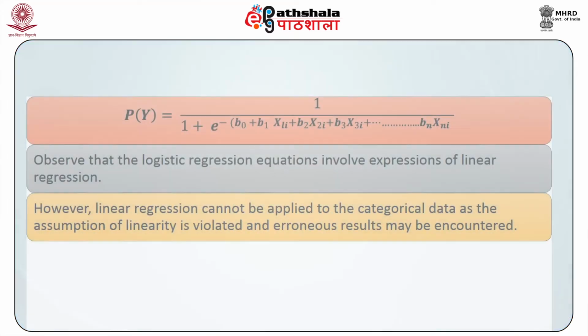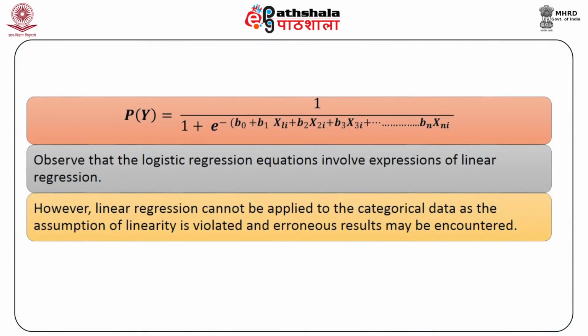The resulting equation would be P(y) is equal to 1 upon 1 plus e to the power of b0 plus b1x1i plus b2x2i plus b3x3i till the nth term. Observe that the logistic regression equation involves expressions of linear regression.